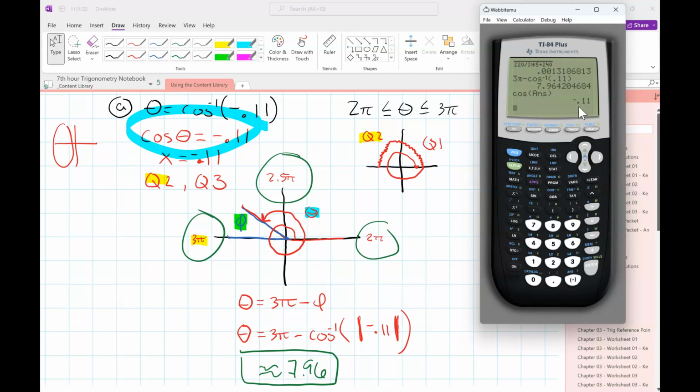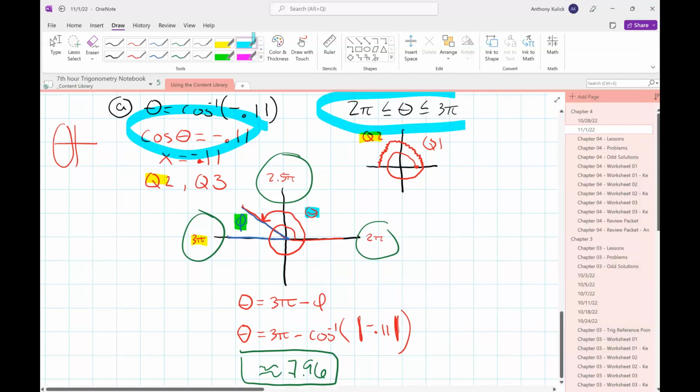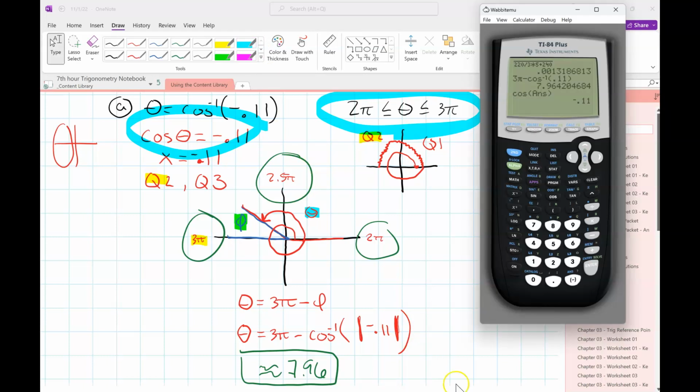The other thing I need to check is to make sure that that number is in between 2 pi and 3 pi. So I'm just going to go into my calculator, type in 2 pi. So 6.28 is smaller than 7.96. That's good. And then 3 pi.